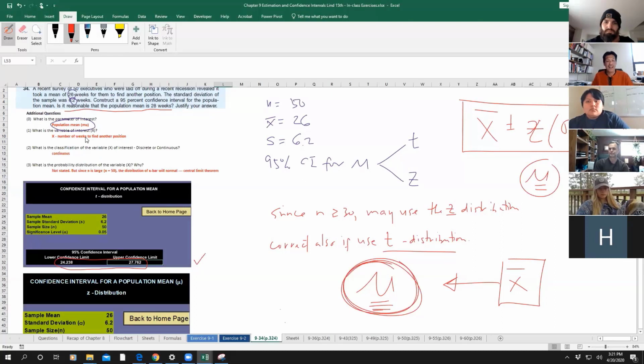That's correct. This will lead us into hypothesis testing later on. If somebody claims the actual mean is 28, you say, that is not reasonable, because the confidence interval does not contain this hypothesized number.